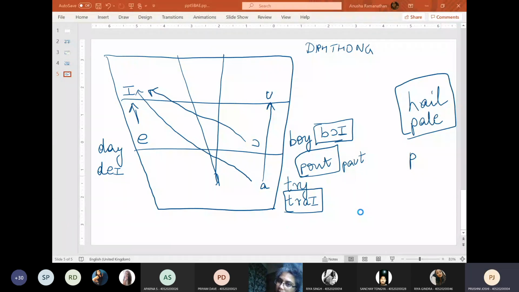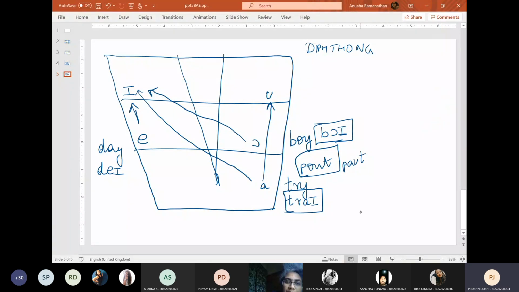Ma'am, the center one, like how we pronounce third. Correct. So what happens is that there is a movement from here to this schwa. You have a sound that comes from there, which moves in that manner.